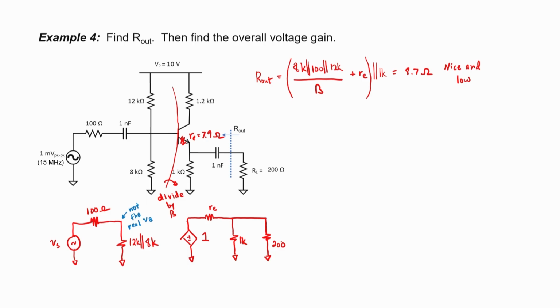However, I'm going to use impedance reflection to refine my value of r sub e. I'll call this r sub b, and here's what I'm talking about. It's my resistances at the base that have been reflected over to the emitter side. If I find the output voltage here, then I'll have an accurate expression for the voltage gain. Let's go ahead and do it.